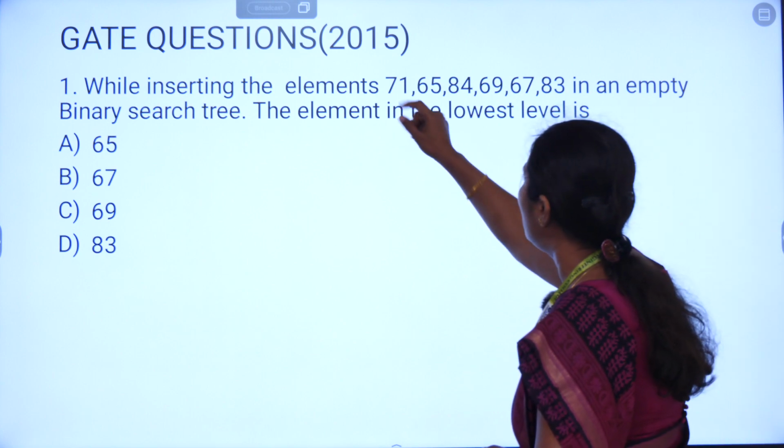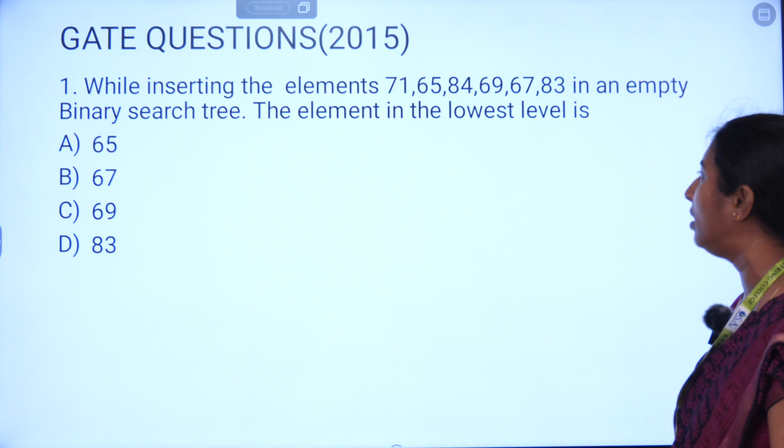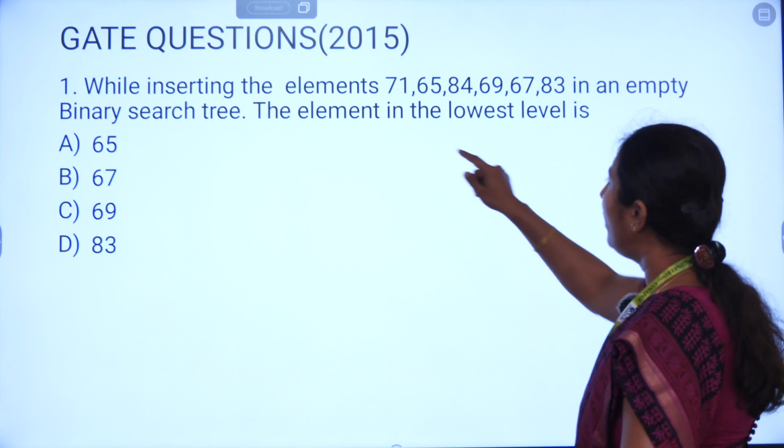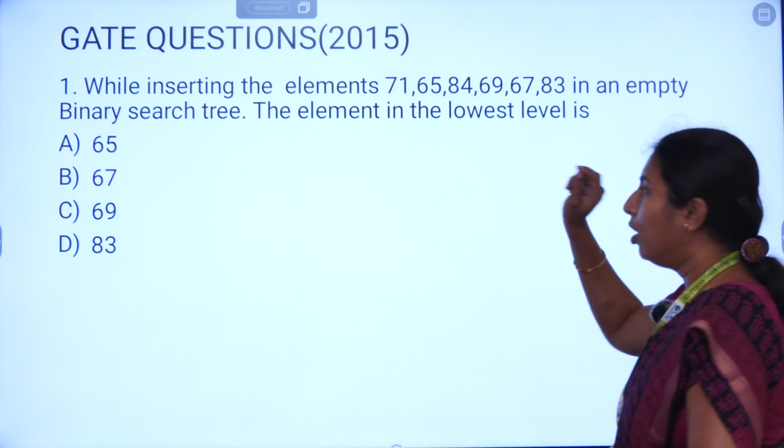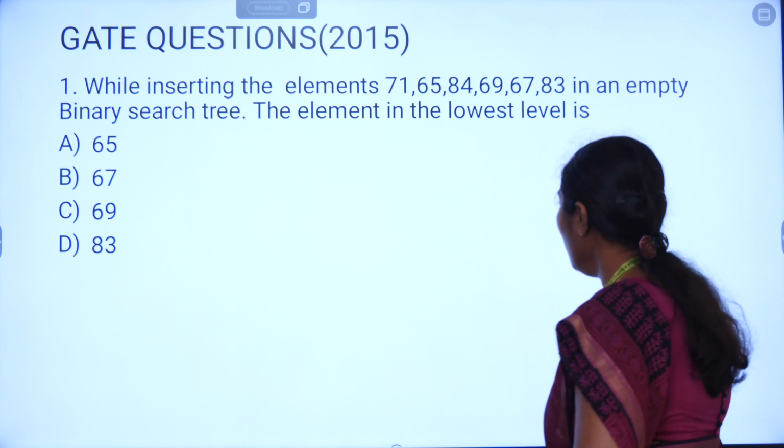So what is the first node element which is given over here? It is 71. So always the first element will be the root node over here.